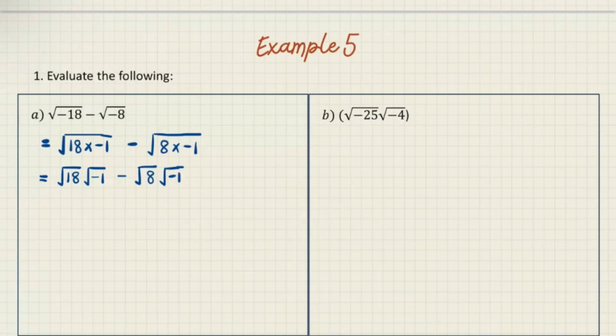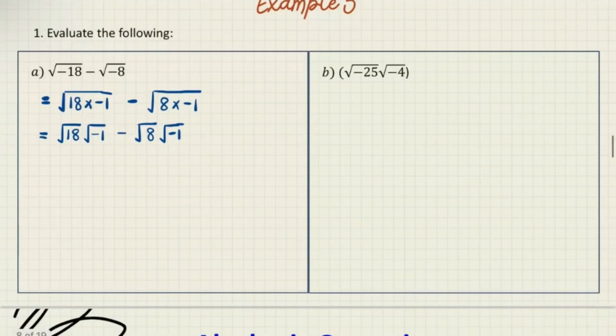And by the way, square root of 18 and square root of 8 can be simplified into square root of 9 square root of 2. Okay, and then square root of negative 1 will be i. Minus square root of 4, square root of 2, i.